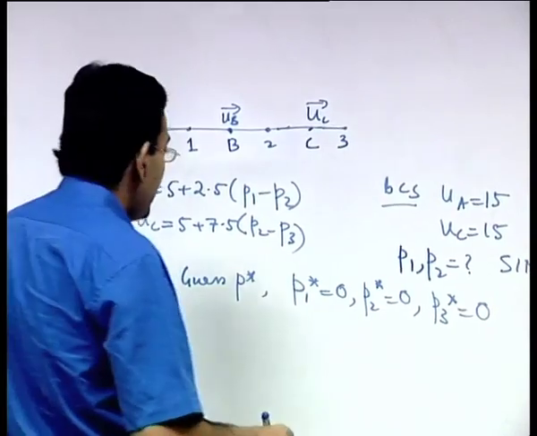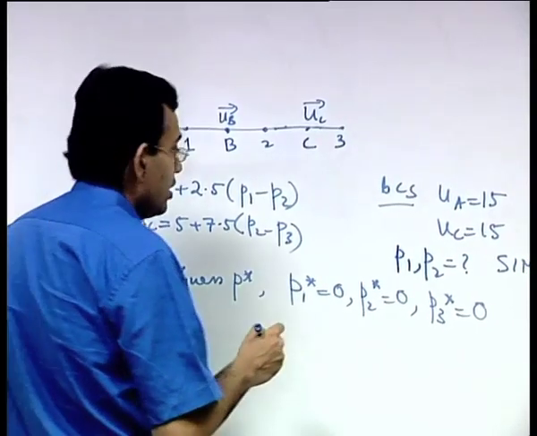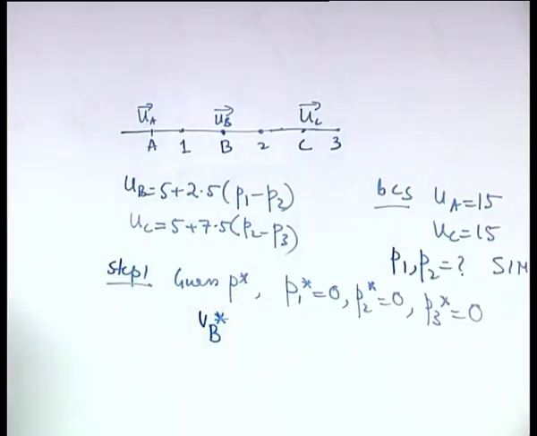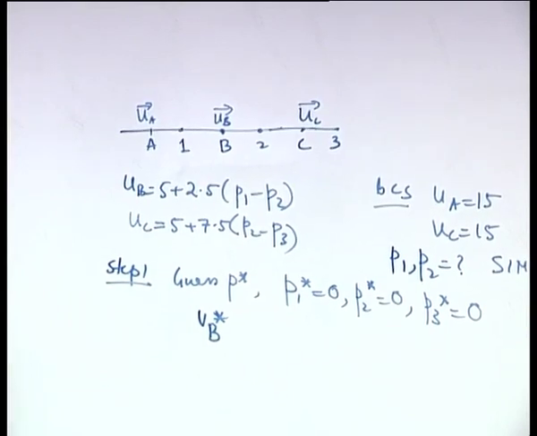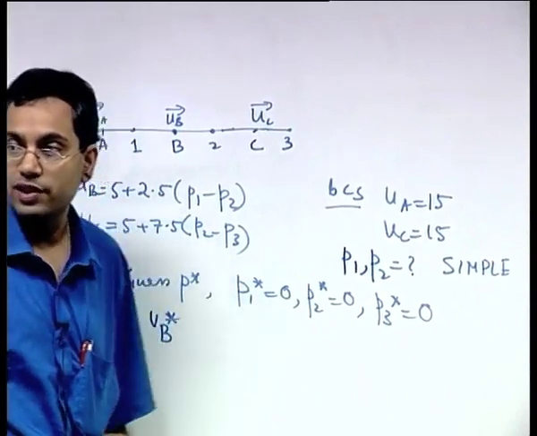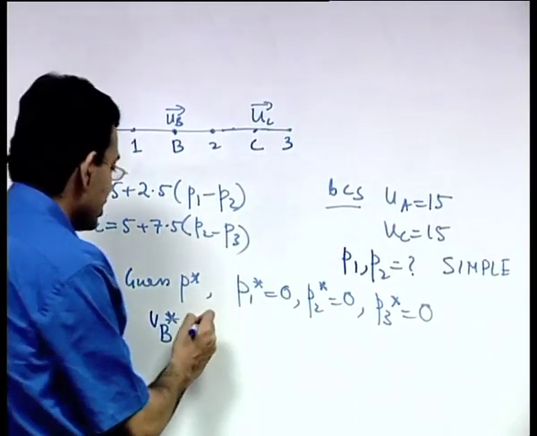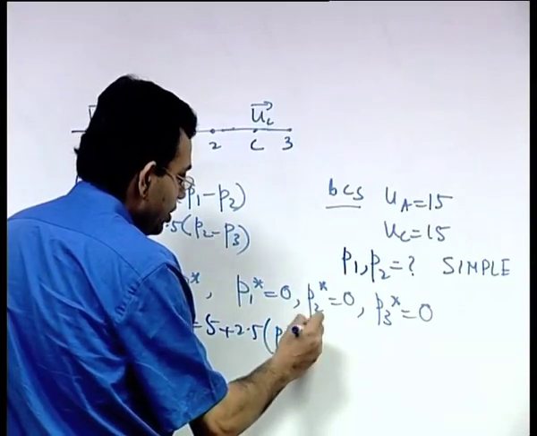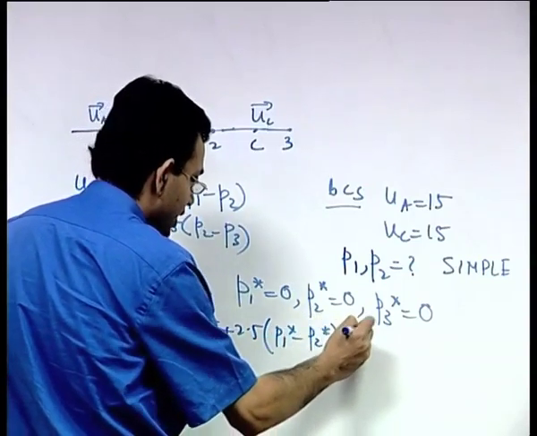So based on that, see what momentum equation we will solve. We will solve the ub momentum equation to get ub star. We will not solve uc because uc is already given, why should we solve it? So ub star is equal to 5 plus 2.5 into p1 star minus p2 star, so that is equal to 5.